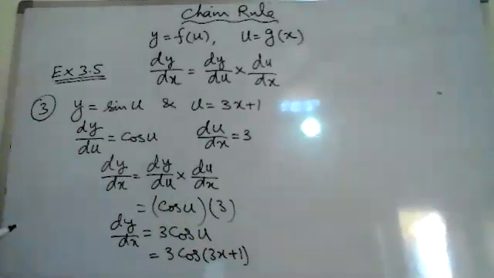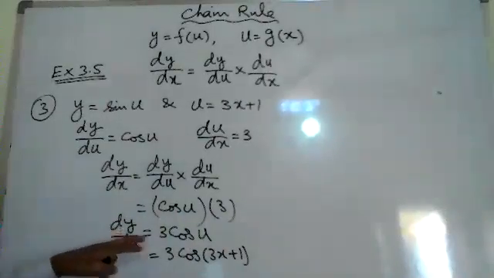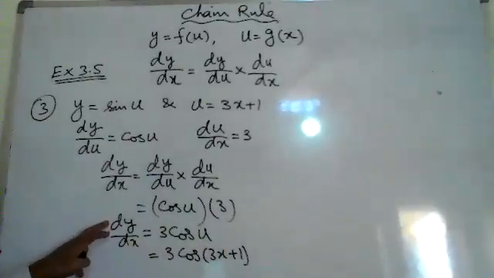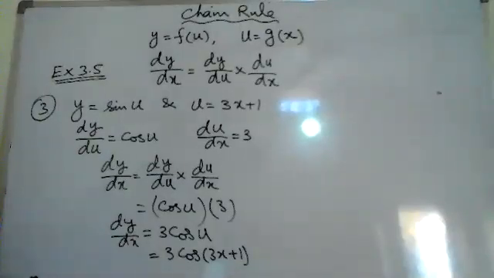In this answer, there should be x only, because we're differentiating with respect to x, therefore there should be x only, not u. U must be replaced in the final answer by x.